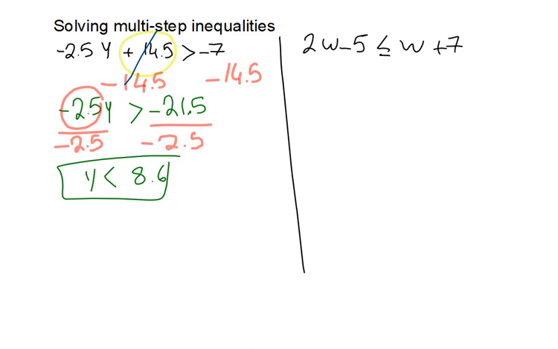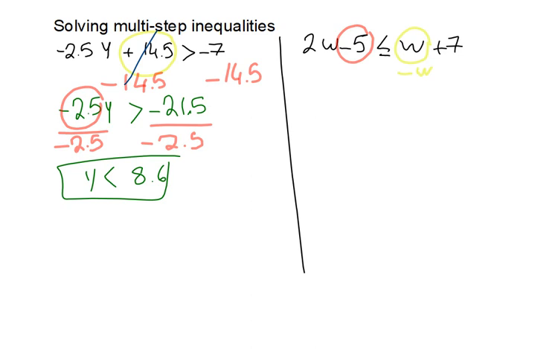We need to get rid of this minus 5, and at the same step, we can get rid of that w on the right side. We always get rid of the smaller variable. We have 2 w's and 1 w, so let's get rid of the 1 w by subtracting it.